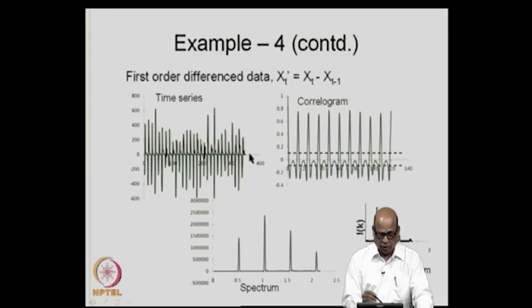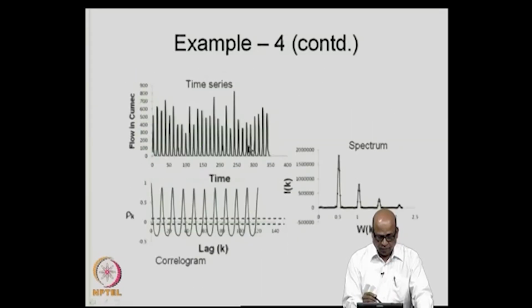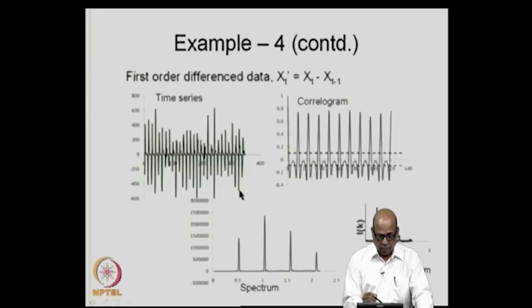I plot this time series, which is different from the original time series, but still you see some kind of a pattern here, that is the values are increasing periodically, increasing with some regularity and then decreasing with some regularity and so on.